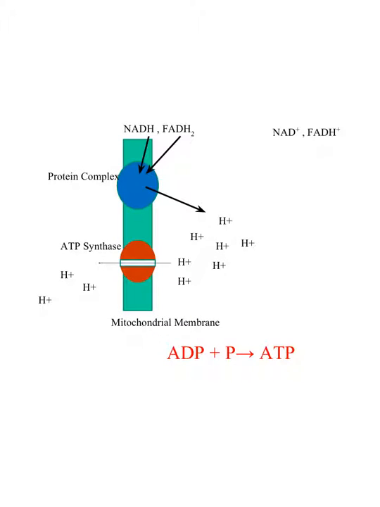When we have a buildup of hydrogen on this side of the membrane, we're no longer going to be able to generate ATP. Things aren't going to go from high concentration to low concentration because there isn't a low concentration anymore.